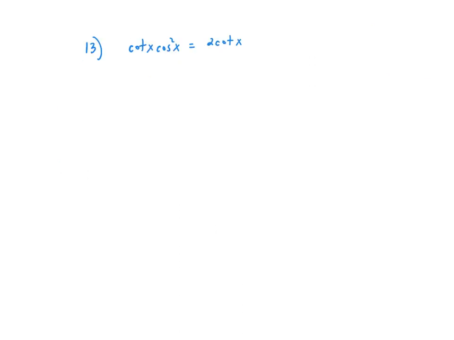The common mistake on this problem is to divide both sides by the cotangent of x. So we'll write this in red. This is not what you do. If you divide both sides by the cotangent of x, you'll end up getting cosine squared of x is equal to 2, which leads to no solution.